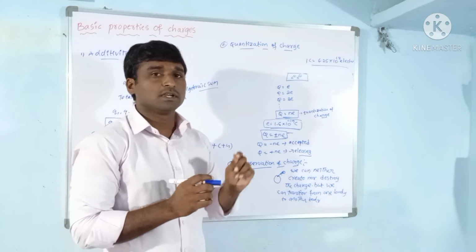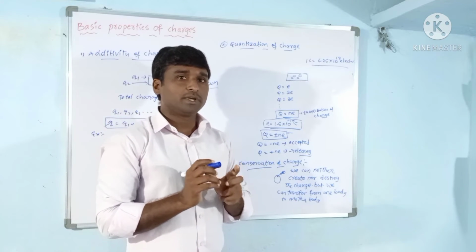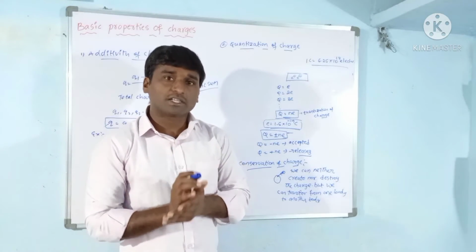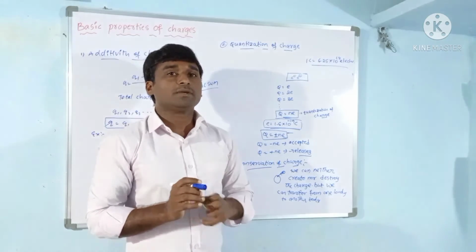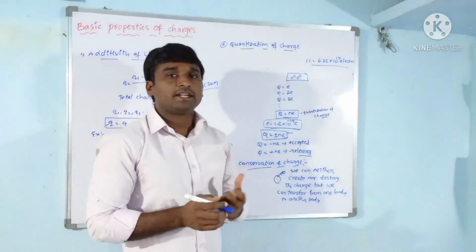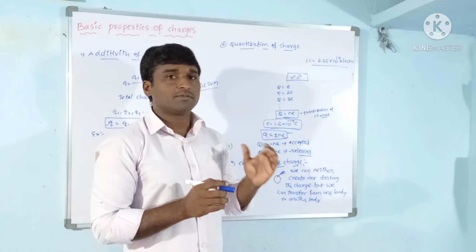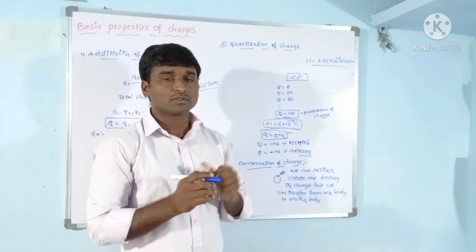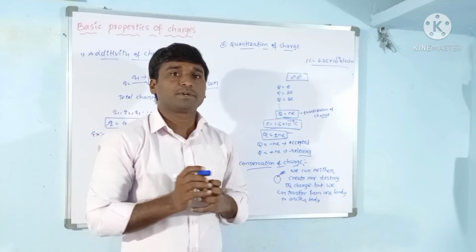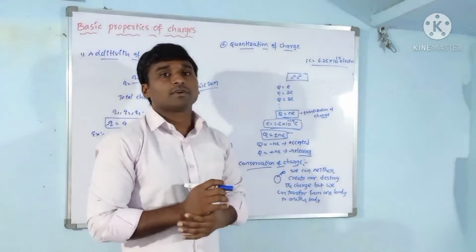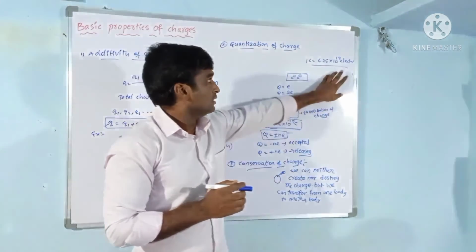Suppose a body is to be charged positively, it must have 6.25 into 10 to the power of 18 electrons removed. Suppose a body is to be negatively charged, then it must accept, it must gain 6.25 into 10 to the power of 18 electrons.